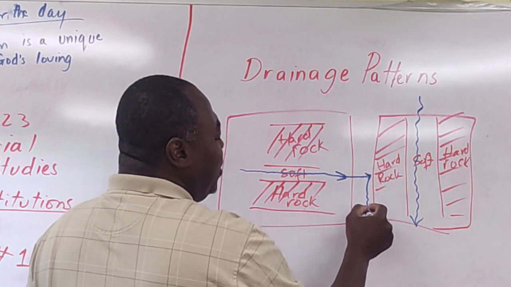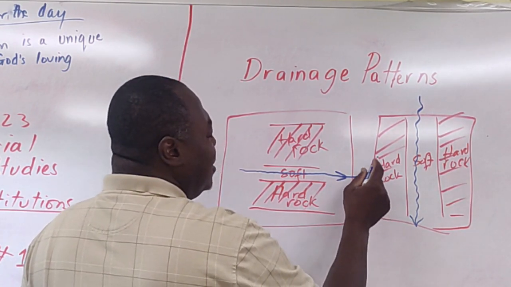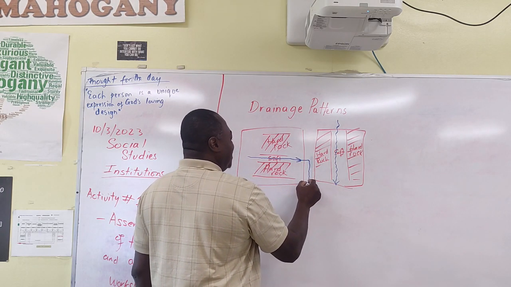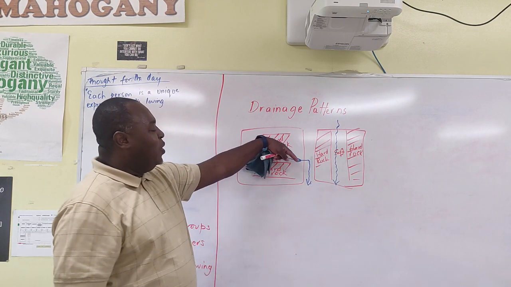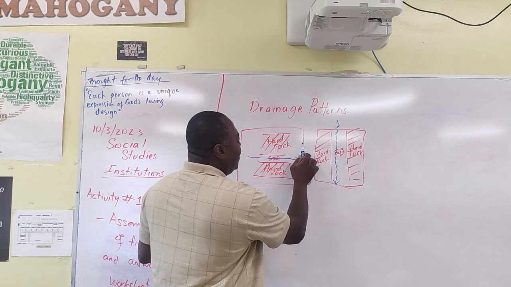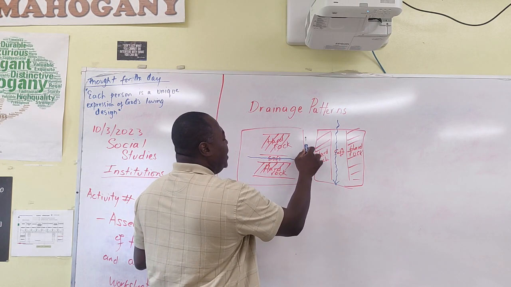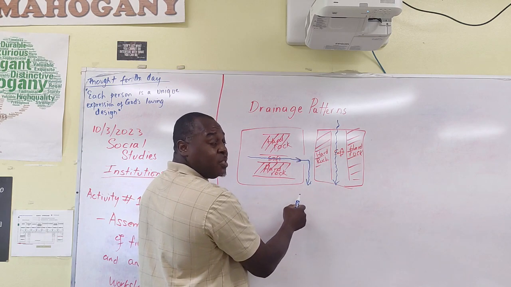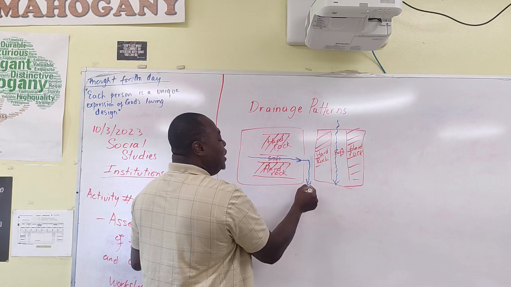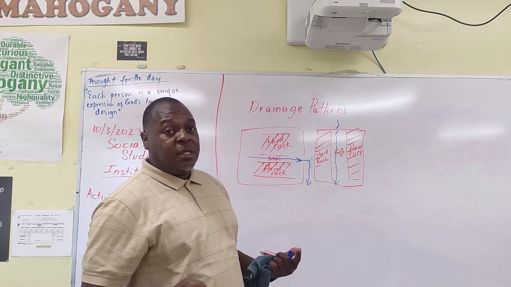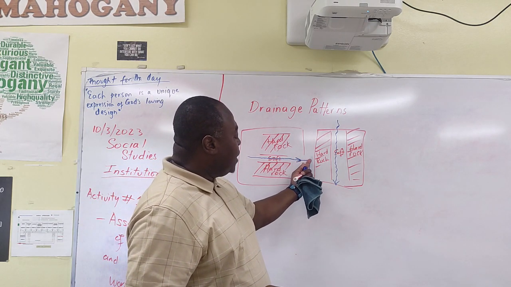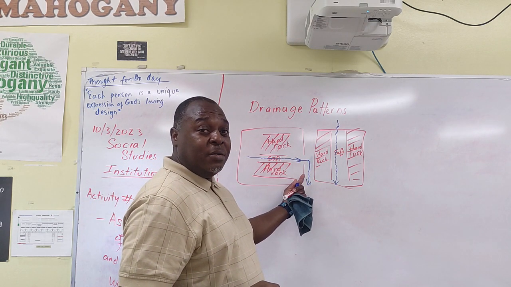So maybe it won't be a sharp 90-degree turn like this, but eventually the water would flow here through the soft rock, and when it exits into another area of soft rock, it can't go that way because the hard rock is there, so it will flow this way. And in this scenario, the water is taking what seems to be a 90-degree turn.